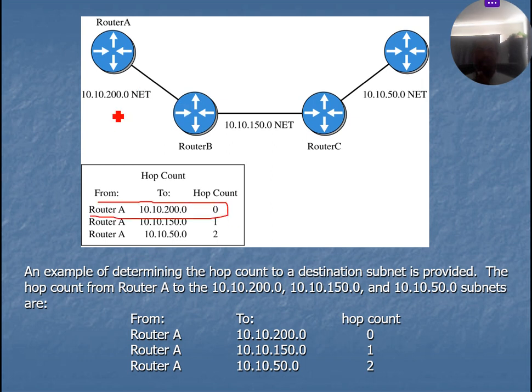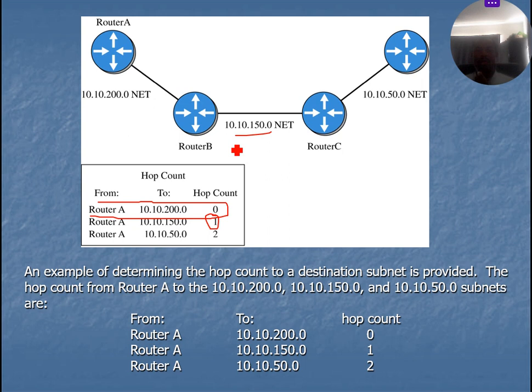Because up till it gets to this router, there is no hop count. It's when it passes this router that you have one hop count. Router B, I think this is an error, this is B. When you now have 10.10.150.0, that's this place, you now have one hop count because it has passed through one router.